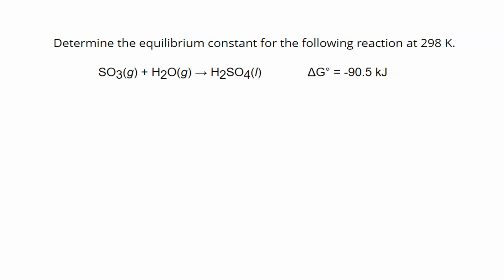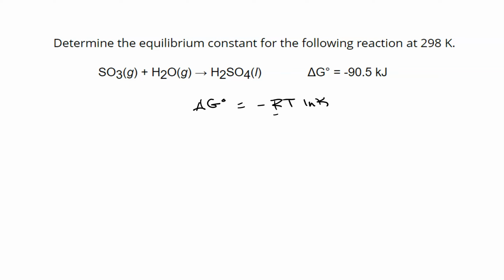We have the handy-dandy relationship which relates our equilibrium constant K to delta G, and that relationship is delta G equals negative RT ln K. So remember, R is 8.31 joules per mole Kelvin. Temperature has to be in Kelvin as well.